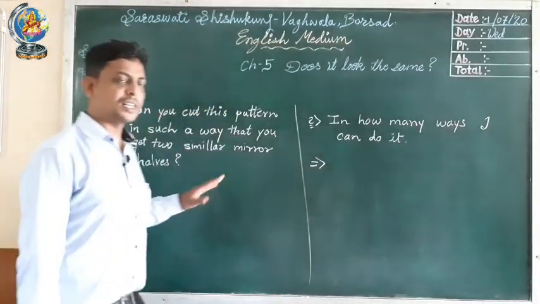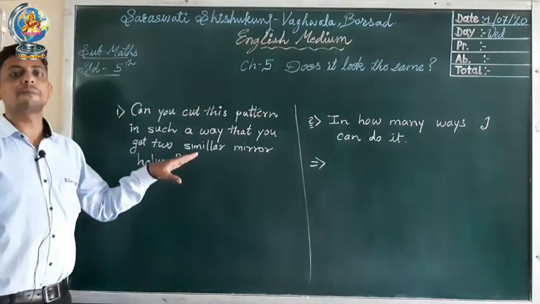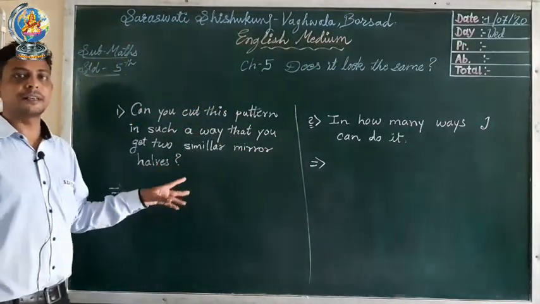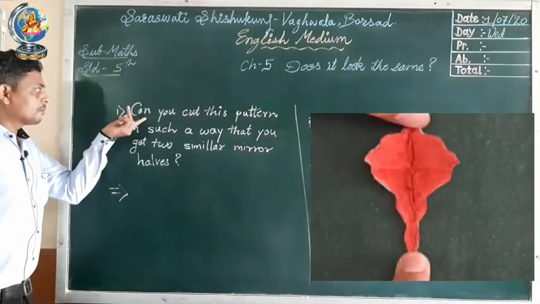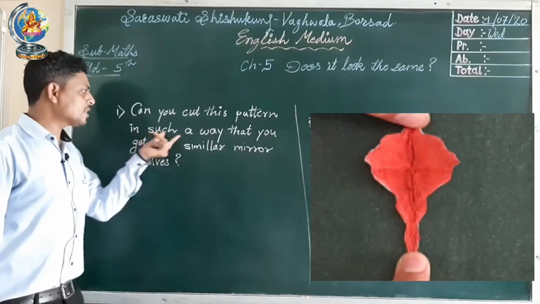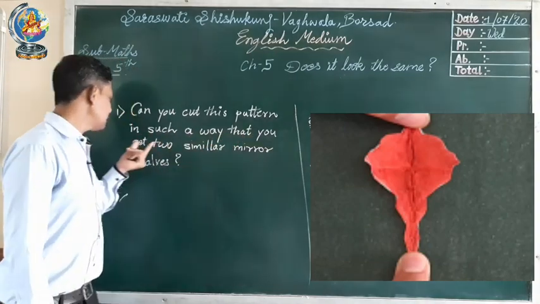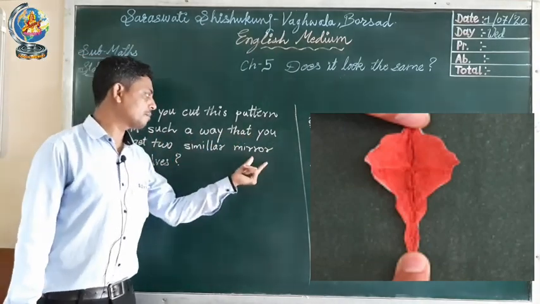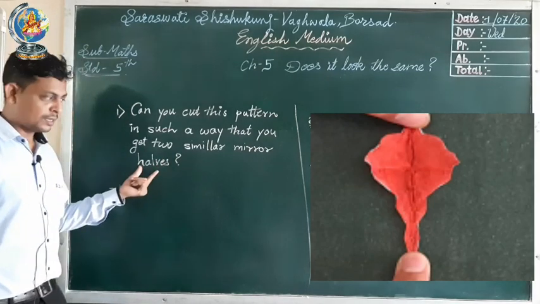Now we have two questions on the basis of the pattern which we have made by cutting it. First question is, can you cut this pattern in such a way that you get two similar mirror halves?